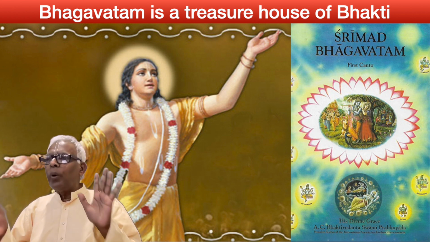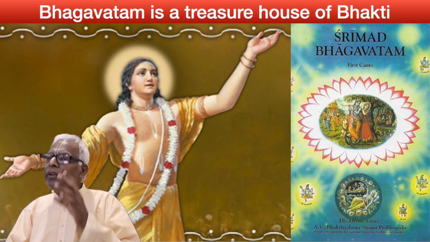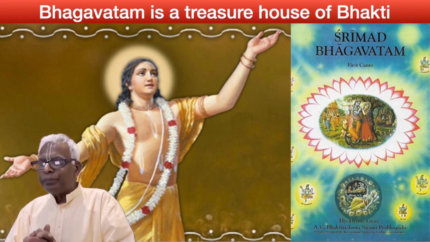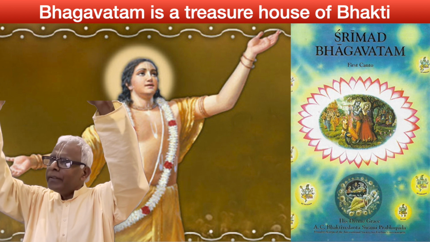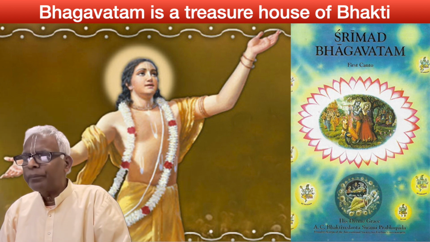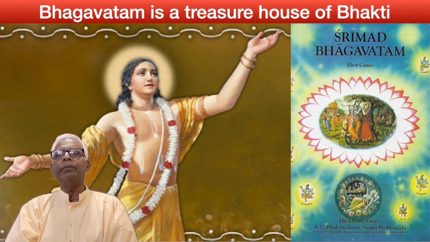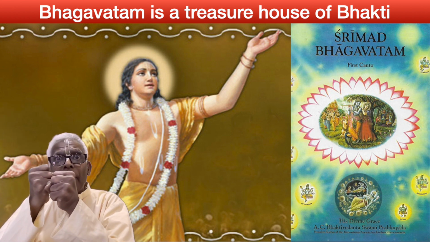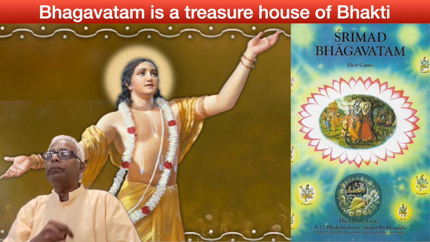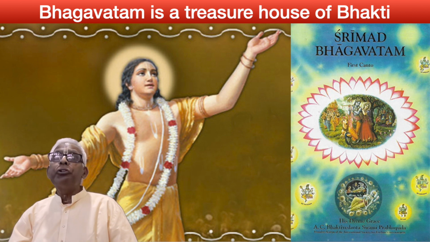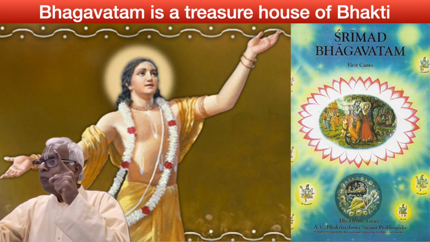Okay, so that is why we are supposed to be hearing Srimad Bhagavatam in the disciplic succession. It can give the topmost goal, which is Krishna Bhakti. Because if you have Krishna Bhakti, Krishna is controlled. This is something we'll find out as we go.